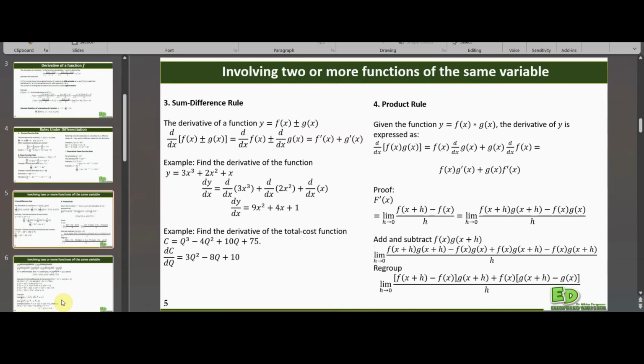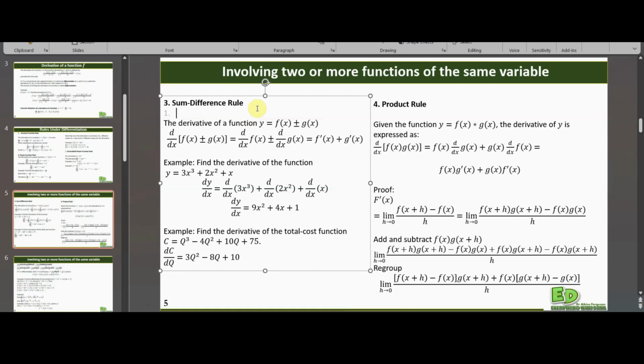Let's look at the other rules under differentiation. Okay, so we have the third rule, which is called the sum or difference rule, or 2 or more variables of the same function, right? So sum or difference rule. Sum or difference rule simply means that you are given the function, but the binary operations there will determine how you go about it.